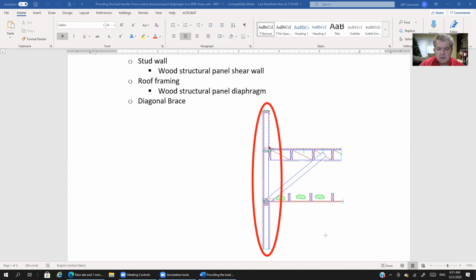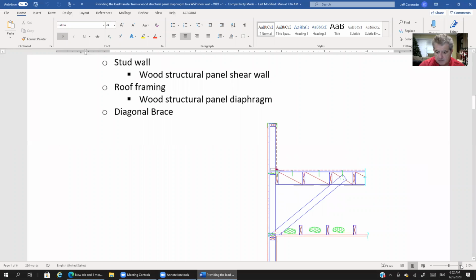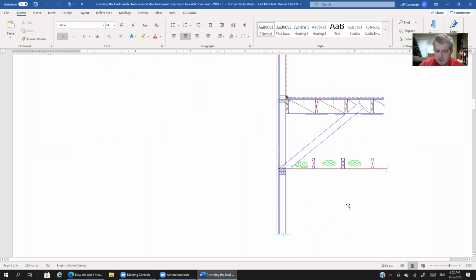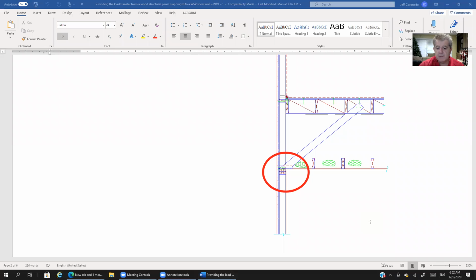Let me zoom in a little bit. If we zoom in, one of the things that you should be able to see is that we have a double top plate there.